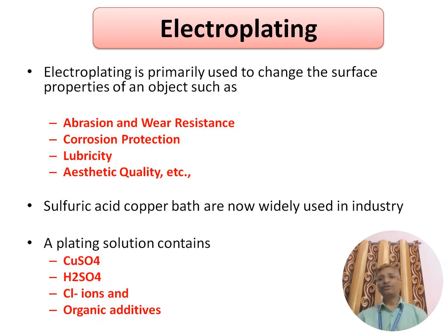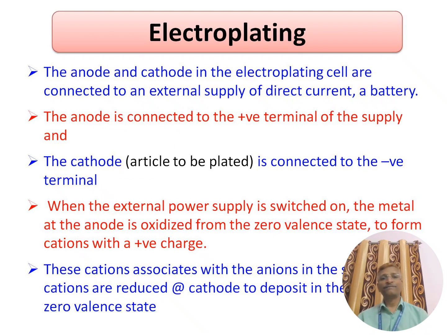So it is primarily used to change the surface properties, that means abrasion and wear resistance, protection, lubricity, and aesthetic quality. That is very, very important. Sulfuric acid copper baths are now widely used in industry for electroplating. Let us see the mechanism in the upcoming slides.